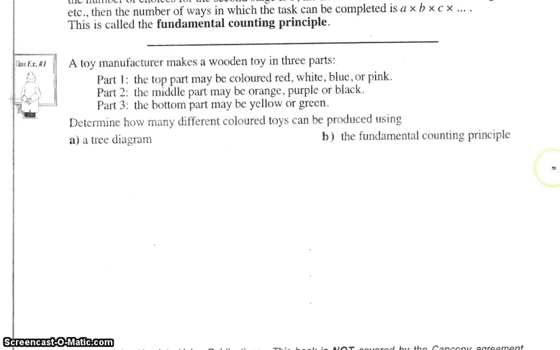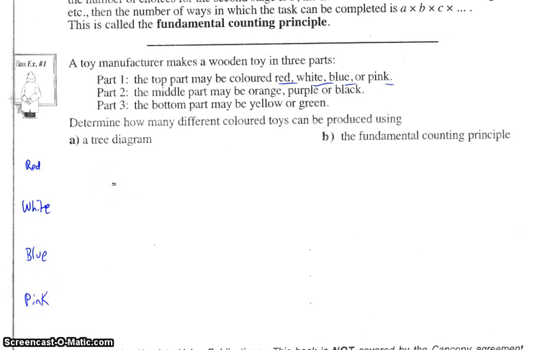Okay, now they mentioned on example 1 actually showing a tree diagram. Now that can be a bit messy, but basically for part 1 it can be red, white, blue, or pink. So you would have red, white, and you want to kind of spread these out a bit, otherwise your tree is going to be hard to draw. Blue or pink.